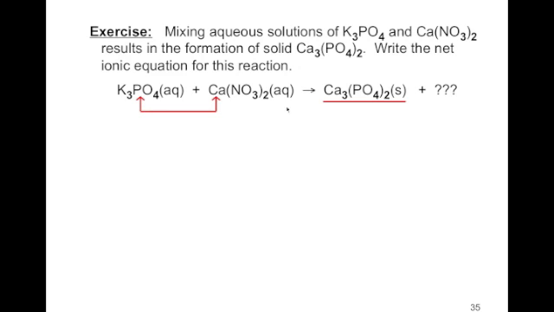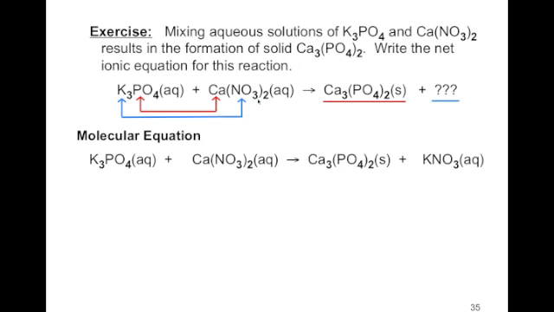So we can tell that to form the calcium phosphate, it's the calcium ion in the calcium nitrate that's reacting with the phosphate in the potassium phosphate. So the other thing is going to be the potassium and the nitrate, right? This is that double swapping. So here's our molecular equation.